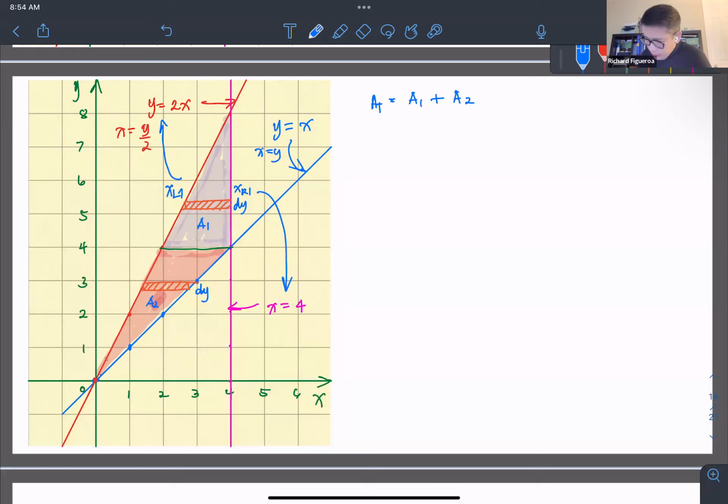So for the second area naman, so our XR2 is yung blue. So which is this. Tapos ang X left 2, it's still this one.